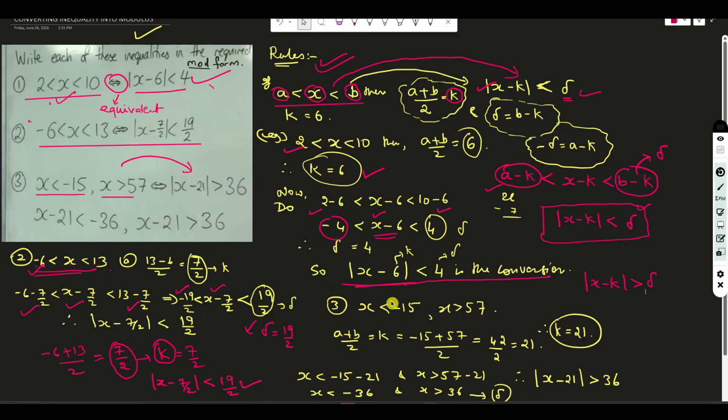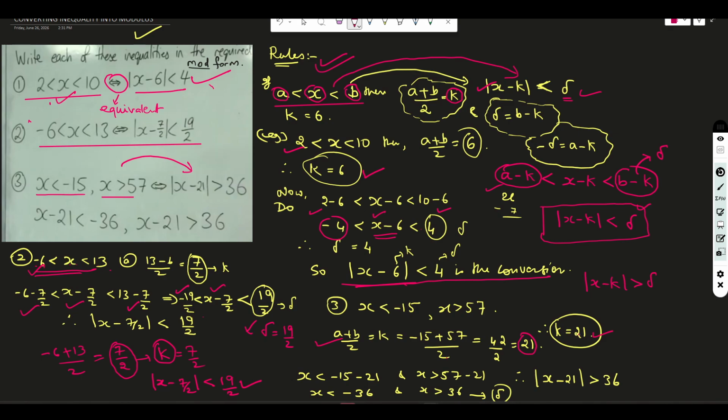To find k, you have to find the average of these two values, that is minus 15 and 57. So a plus b upon 2, your k will be minus 15 plus 57 upon 2, which works out to 42 upon 2, which is equal to 21. So your k is 21. You got the k in the same way as you did in the first and the second example.